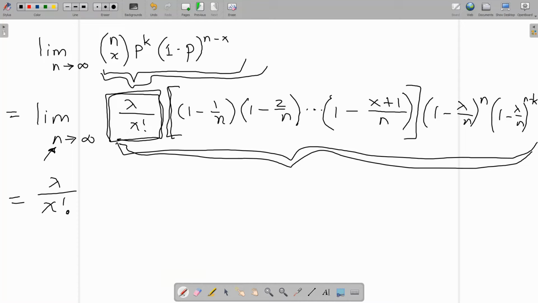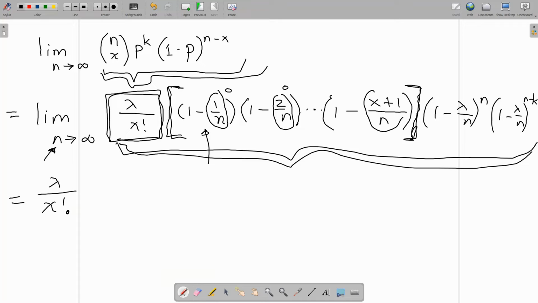Now, how about the limit of this? What is the limit of this as n approaches infinity? 1 over n becomes 0. 2 over n becomes 0.